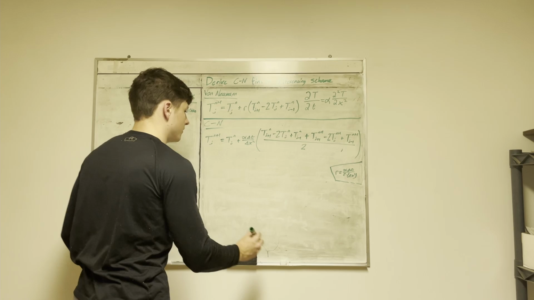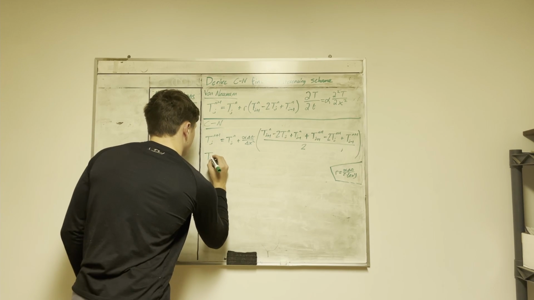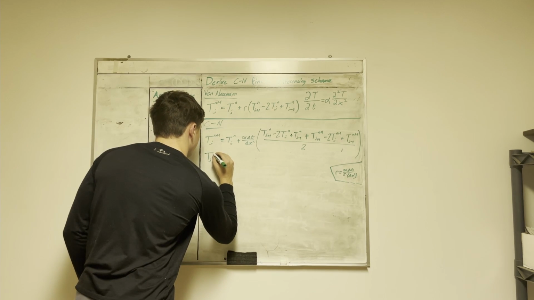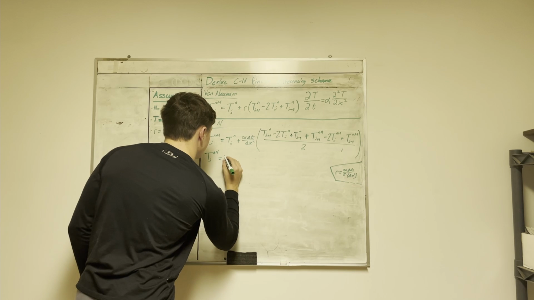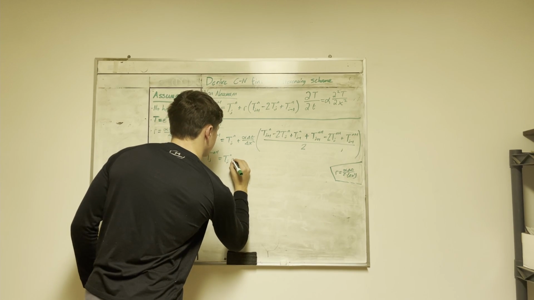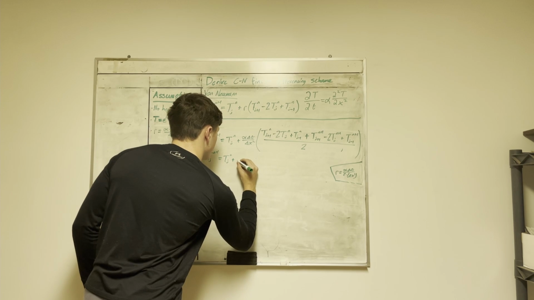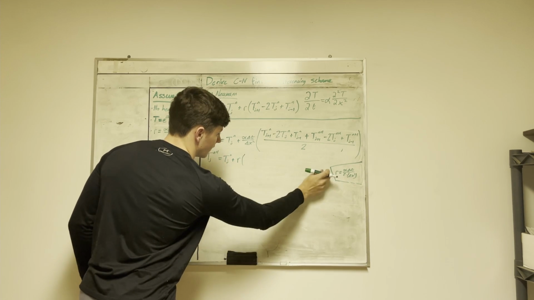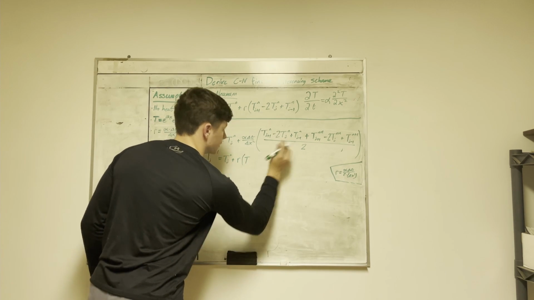So now once we put that in, we'll get the temperature at some time n plus 1 at position J is equal to that plus R being that now, and then we're just going to write this out.